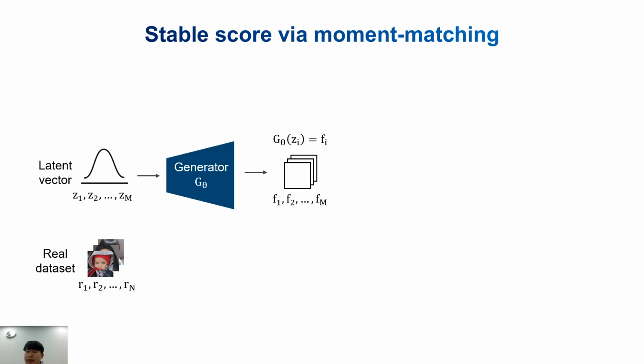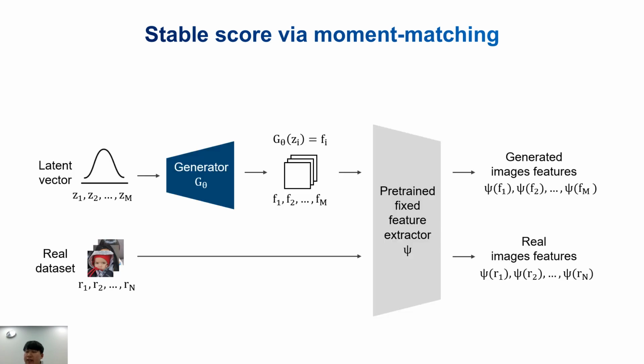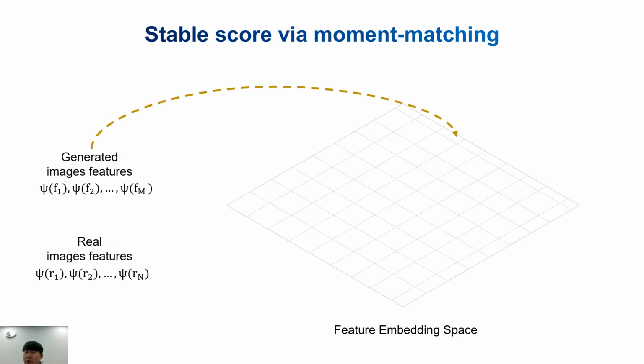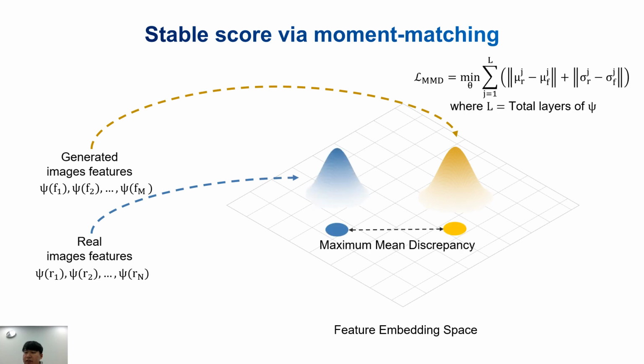In this method, generated images and real images are embedded in feature embedding space via fixed feature extractor such as VGG or ResNet. In the feature embedding space, we can guarantee that the two distributions are the same if all other moments of those are the same. Unlike adversarial loss, the kernel MMD method guarantees stable convergence.